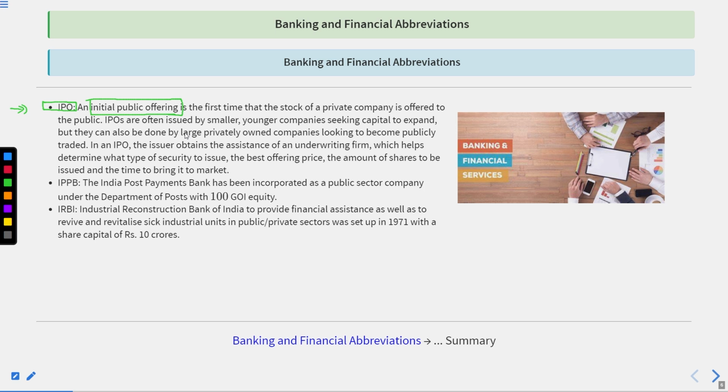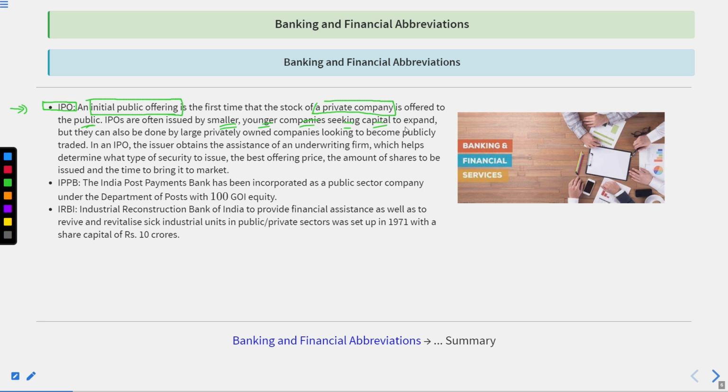It is the first time that the stock of a private company is offered to the public, so normal people can purchase stocks and shares in a private company. It is often issued by smaller, younger companies which are seeking capital to expand, but it can also be done by large privately owned companies looking to become publicly traded.